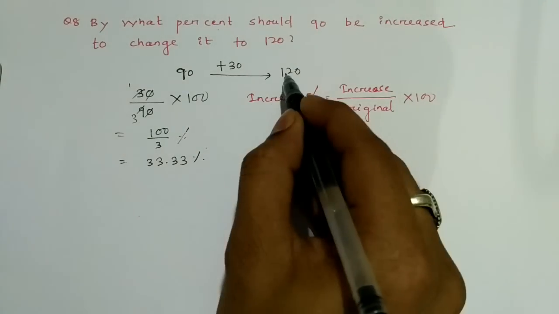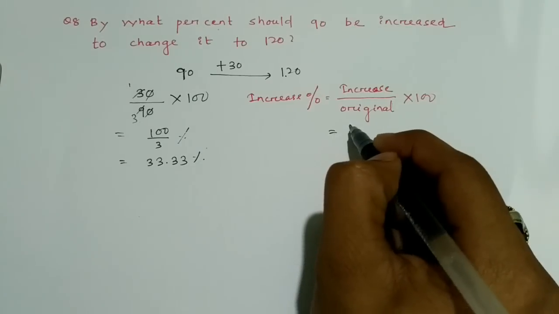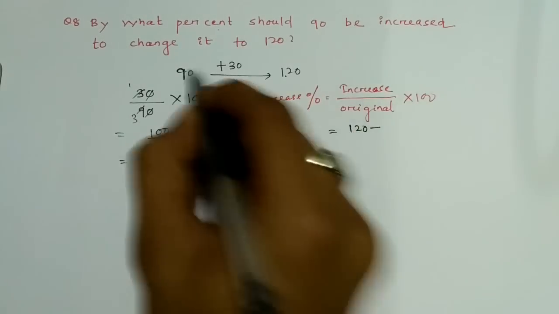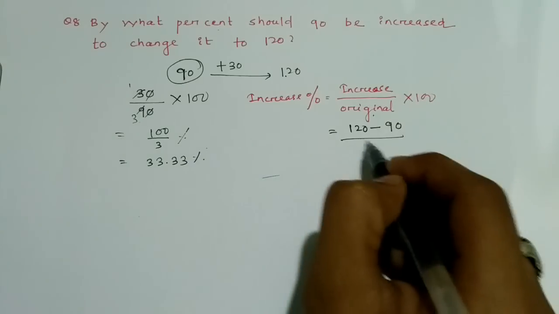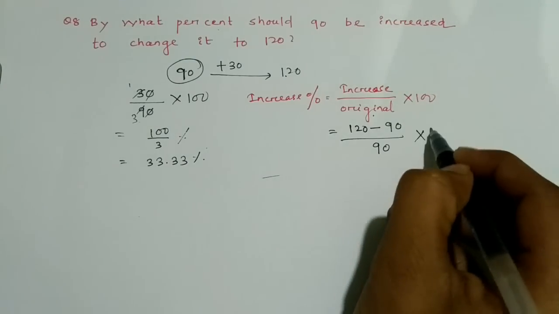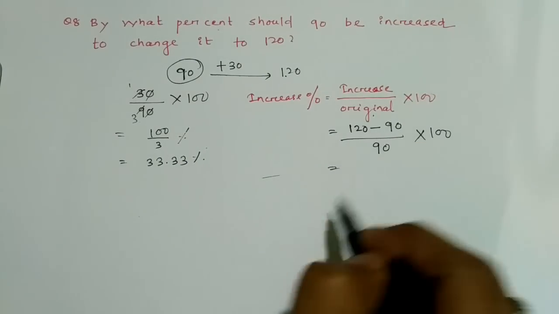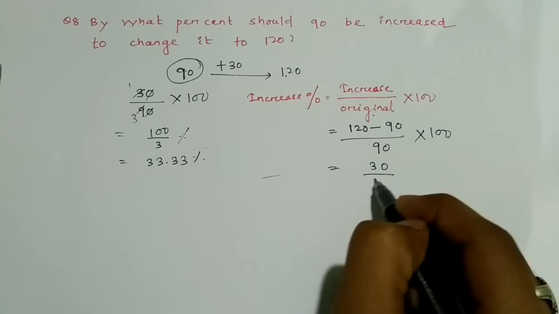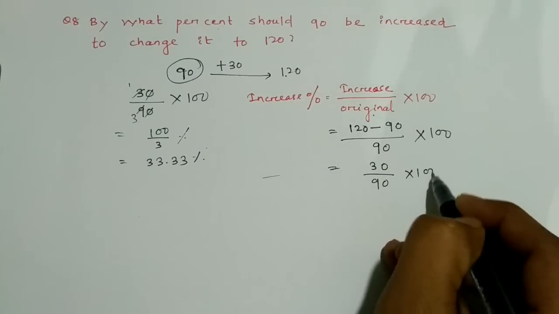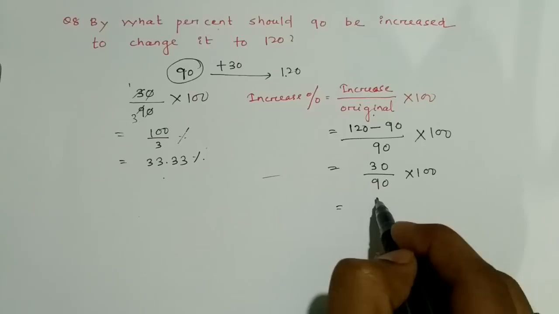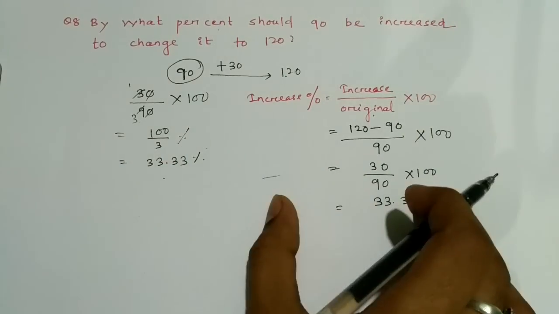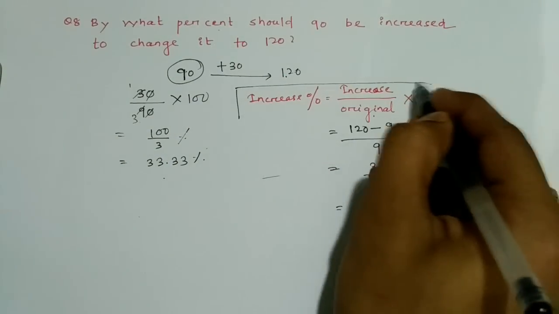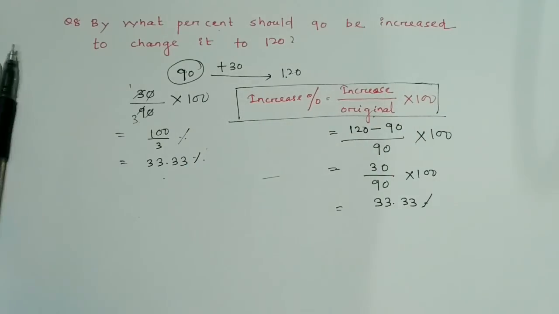It is 120 minus 90, divided by the original value, which is 90 here, multiplied by 100. So 120 minus 90 is 30, divided by 90, into 100. By solving this, we get the same value, 33.33 percent. So these are the two methods. You have to memorize this formula.